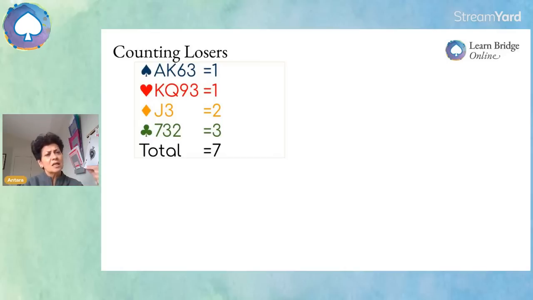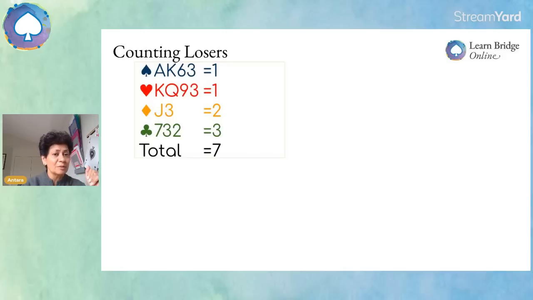Let's just count our losers because we haven't done this before. So have a look at this first example that I've got up here. In spades, I've got the ace and king. It's a 4-card suit. I've got one loser. That's the maximum I can lose here. With hearts, king, queen, 9, 3, I've got one loser because I'm missing the ace.